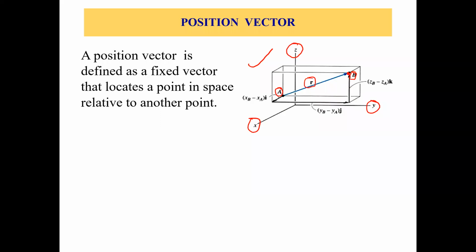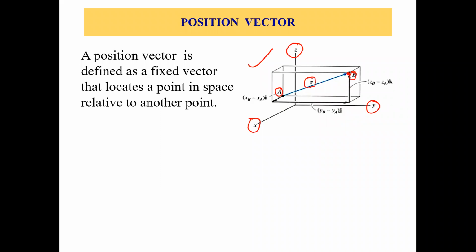Now, in this position vector, as we are talking about RAB, A is the starting point, B is the finishing point, or we are going from A to B. So B is the tip and A is the tail. As we say that we'll use the tip to tail rule, we need to subtract the coordinates of point A from point B. So point B minus point A, in simple terms.